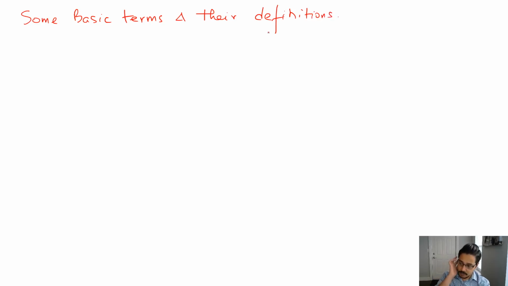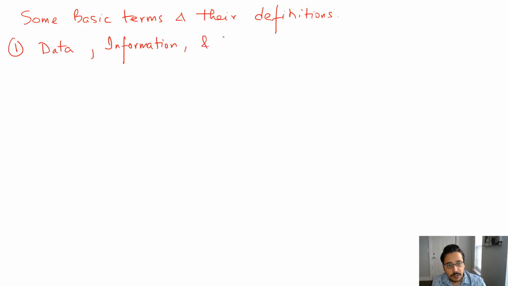The first and foremost thing that we need to know is basically what is the difference between data, information, and knowledge.